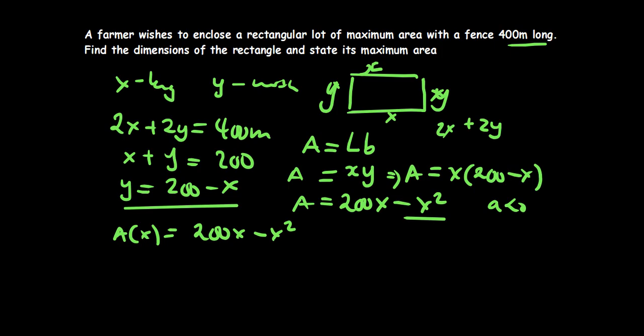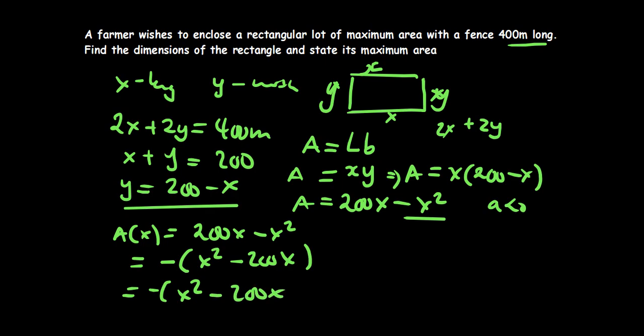Now this is going to be equal to, we can factor out the negative, so we will have negative x squared minus 200x, like that. Then we are going to half that, so half of negative 200 is negative 100, then we square it.